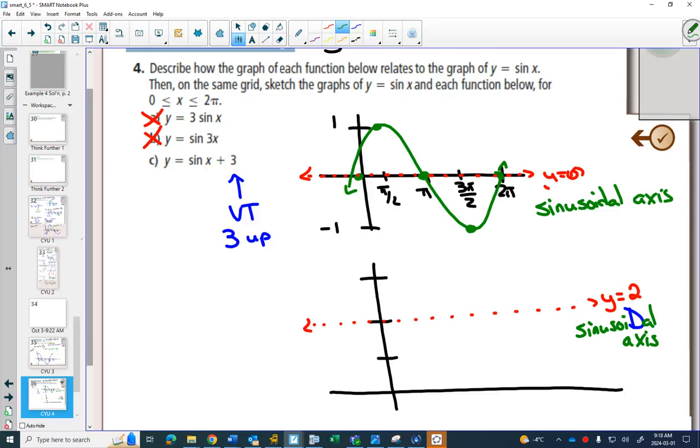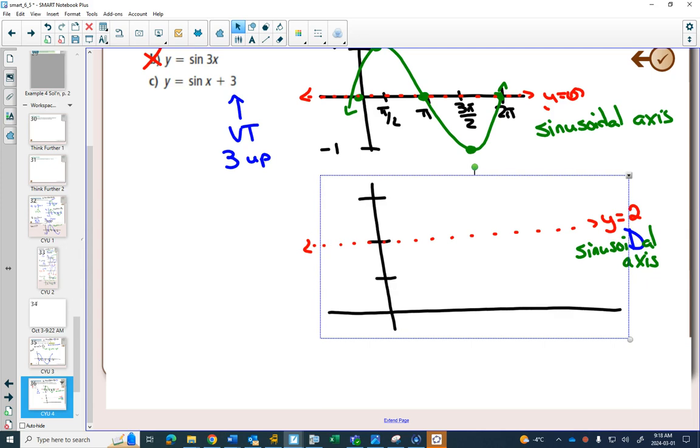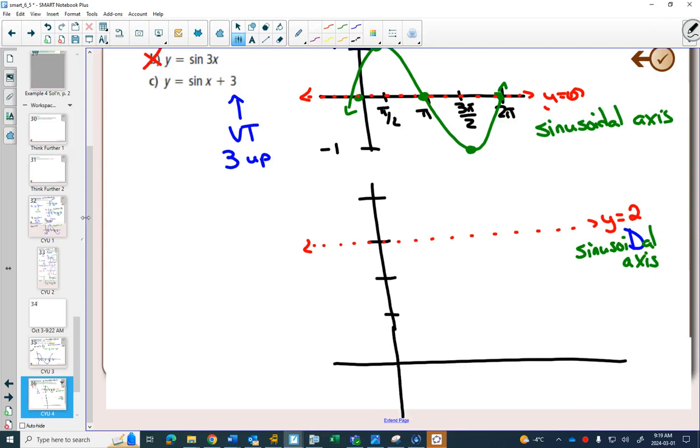Oh. Just wait. Sneaky. Perfect. Yes, it said it moved 3 up, and then I drew it only going 2 up.